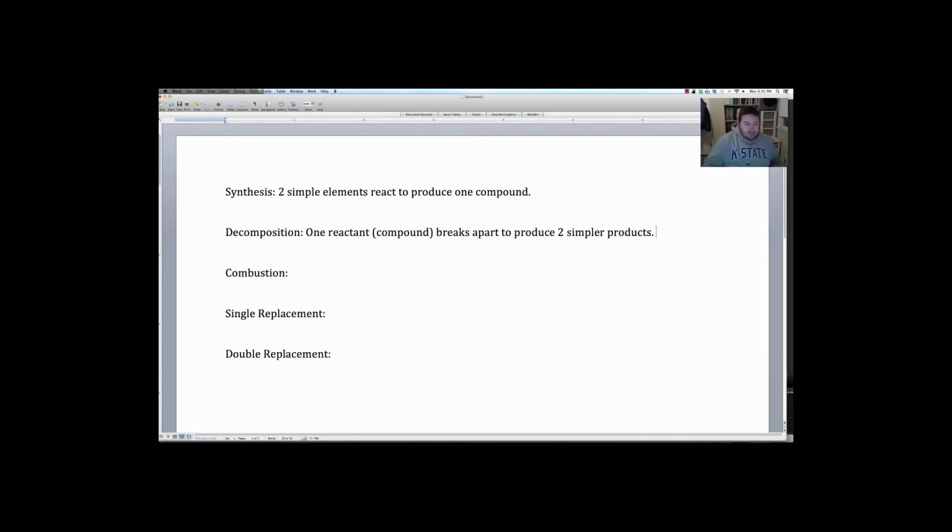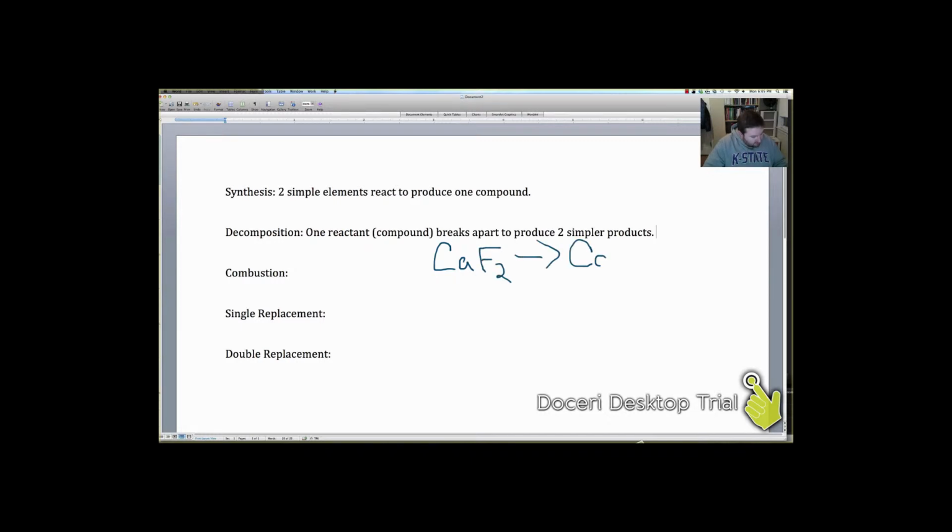So in this case, for our decomposition reaction, maybe we have something like calcium fluoride, and that breaks apart into the 2 elements that make it up, which would be calcium and fluorine. The one thing I have to check is, remember, our diatomic elements, those 7 elements that are so reactive they always come hooked in pairs.